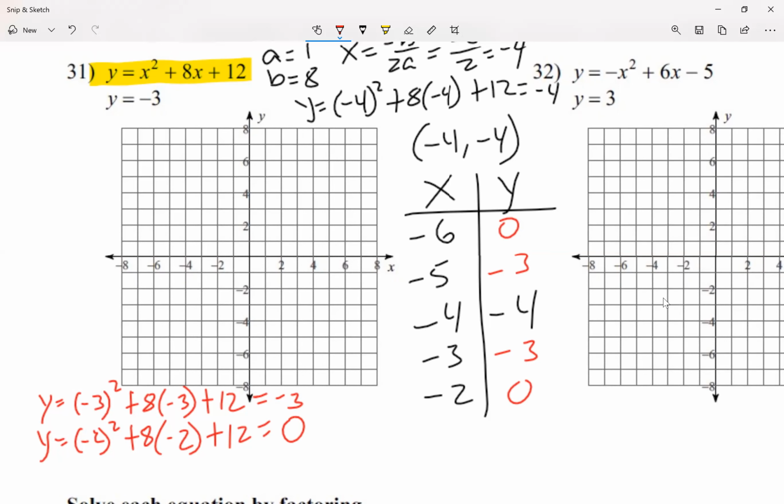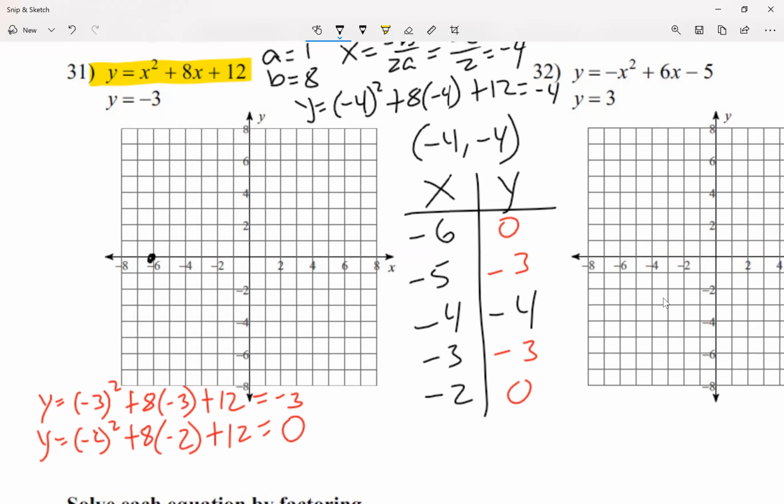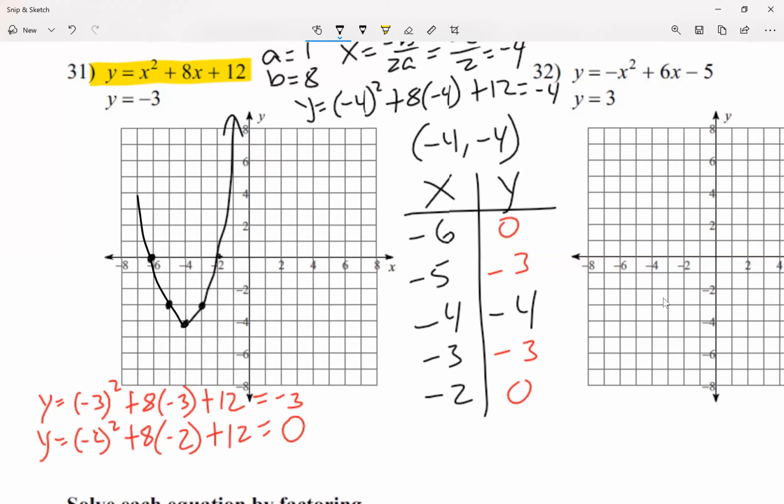Okay, so I have the points. Let me plot them in black. (-6, 0), (-5, -3), (-4, -4), (-3, -3), (-2, 0). So this looks something like this.